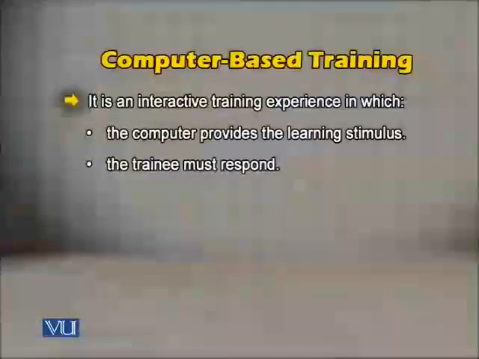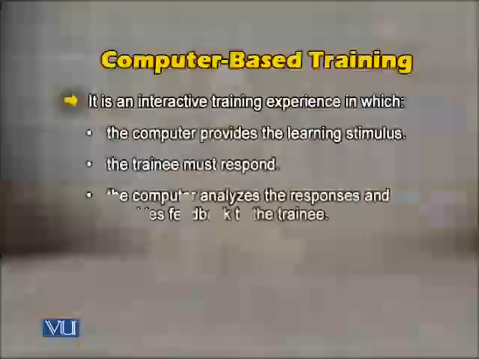That is the first component of a computer-based training method. Then the trainee must respond to the stimulus. The computer may ask you to answer a question, or it may prompt you to attempt a specific process, to make a specific choice. So the trainee must respond to that stimulus.